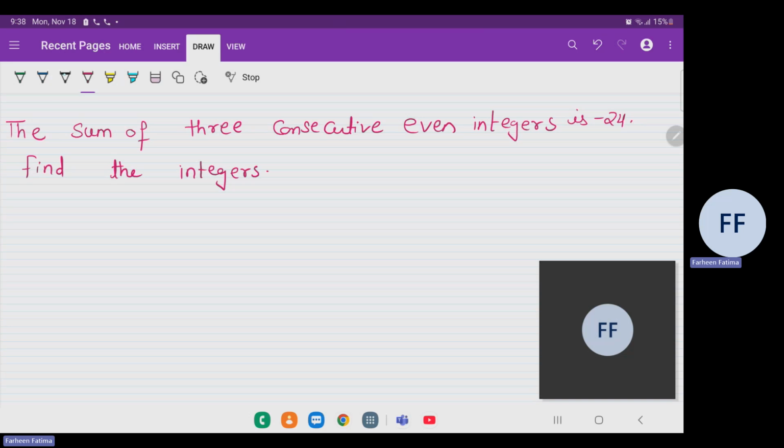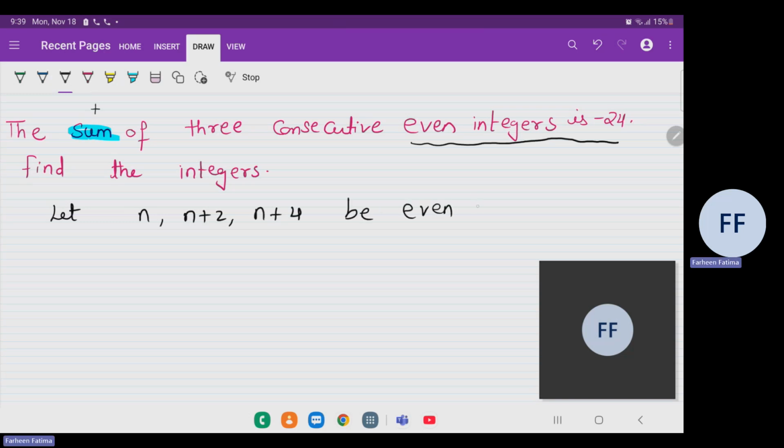What do you mean by the word sum here? Sum meaning it is plus. Consecutive integers, what is there? I just told you it is even. So let the even consecutive integers be n, n plus 2, n plus 4.